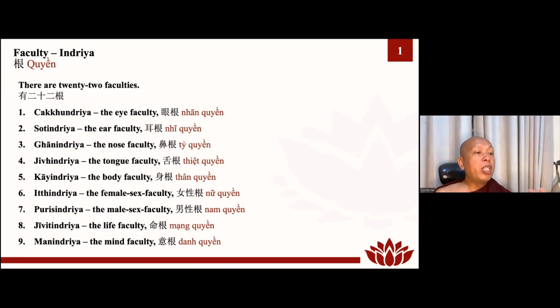Let me explain the tongue faculty. This is also tongue translucency. The main thing is that on tasting, there is also rulership over all other functioning mentalities and materialities. That's why this is also called a faculty.